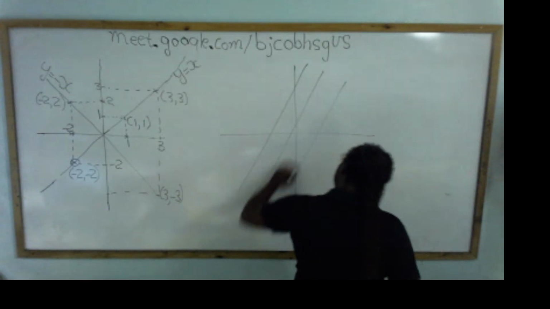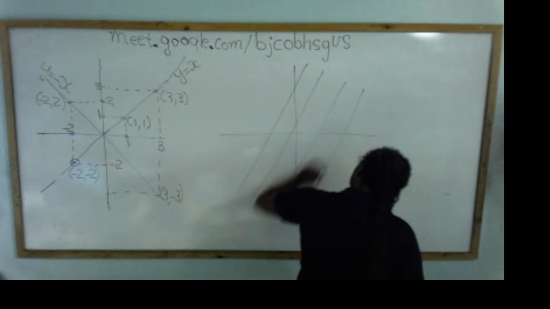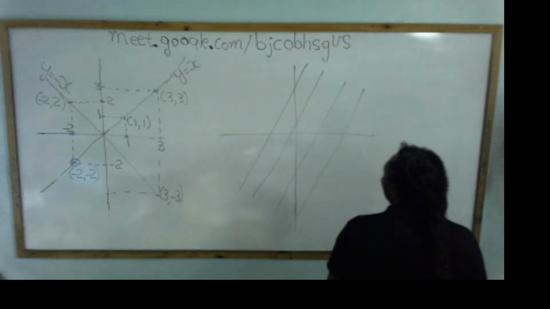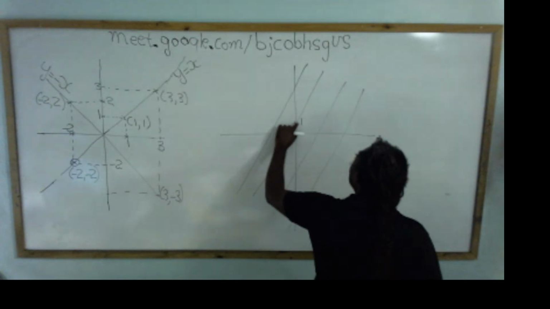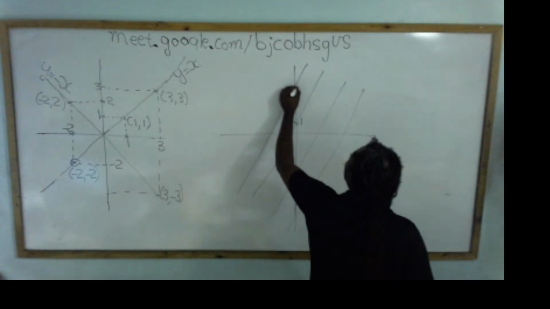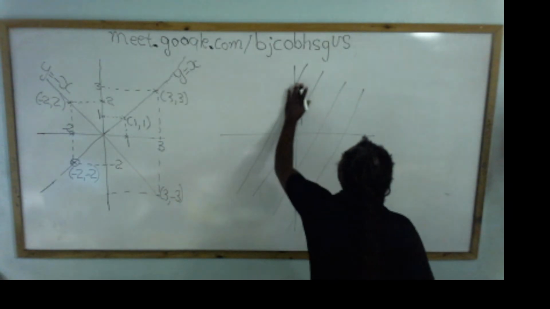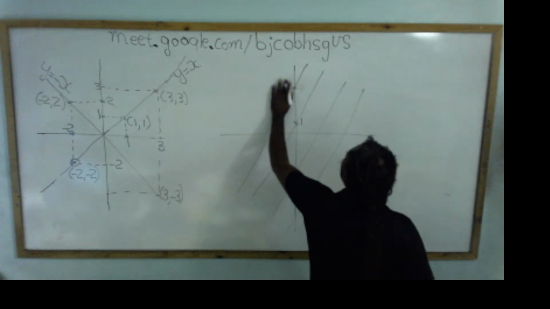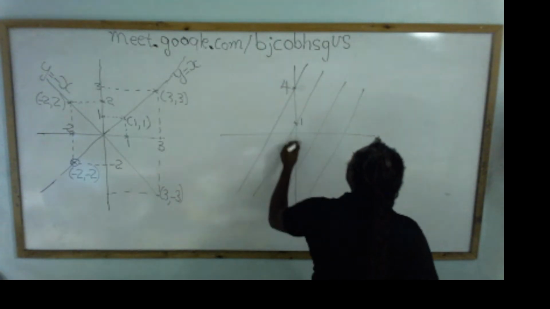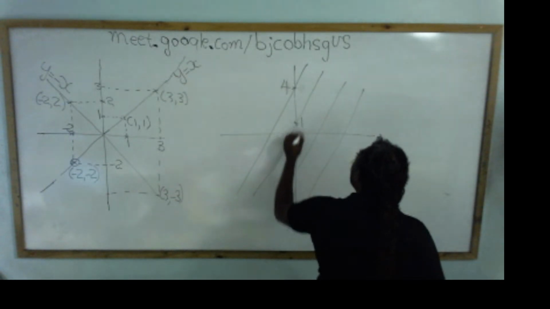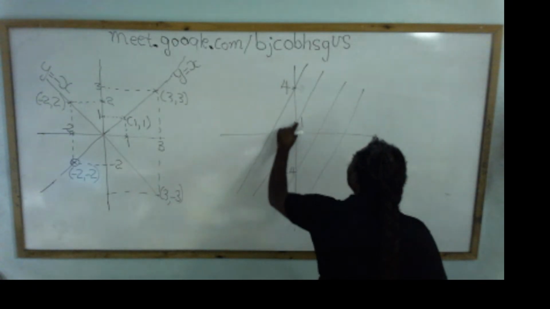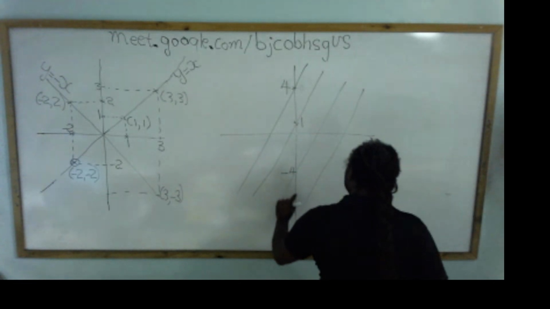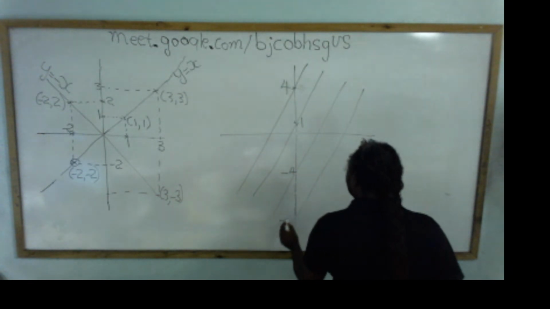Let's say all of those lines are parallel. This is 1. This is 4. I'm going to write it bigger over here. And that is 1. This is negative 4. This is negative 8.